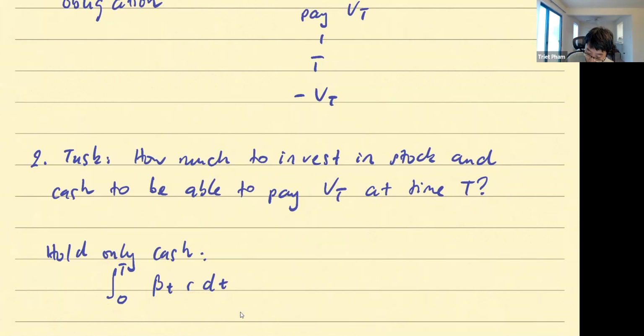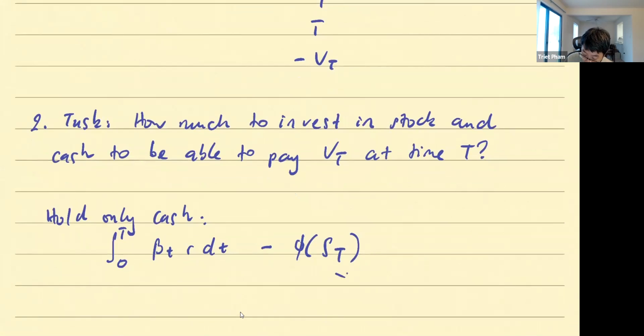But in the end, VT will be a function of the stock, which has a Brownian motion component in it. How can this and this balance each other out?